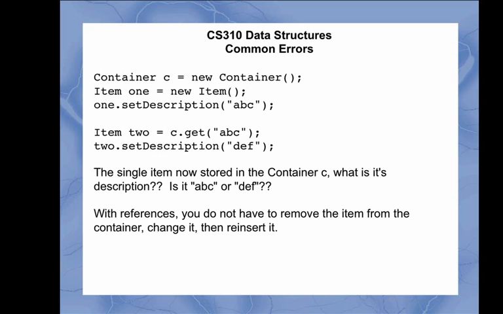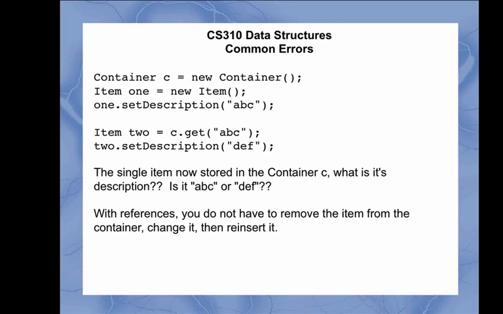Another common error. We have a container that holds some object. So we create some item and set the description to ABC. And we need to put that in the container, of course. Item 1 equals new item. But we need to store that in the container, and I see that I'm missing that line, so we want to add that. C.add or insert 1.